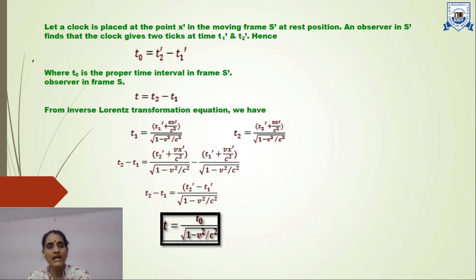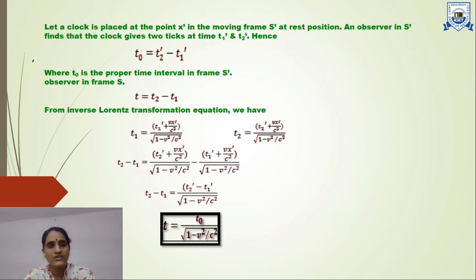That proper time he denotes by t0, and that t0 is t2 dash minus t1 dash. Parallelly, the observer in frame S observes the time for both the events and notes down the time t equal to t2 minus t1.